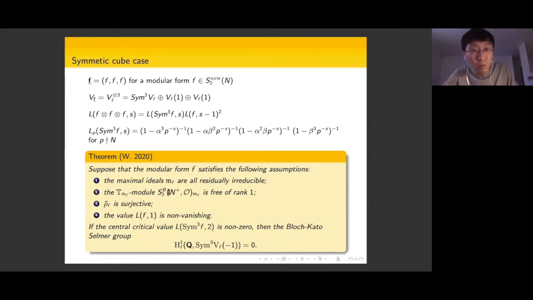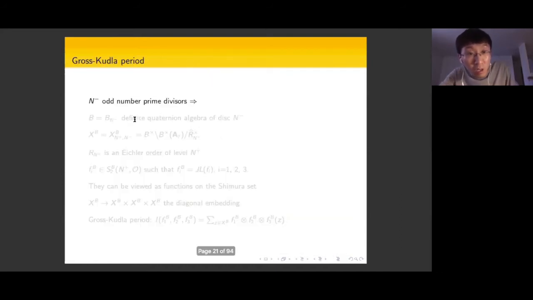First, I want to relate the L-function, which is defined anyway, to its algebraic part. By the general philosophy of Gan-Gross-Prasad, these are usually related to some period integral, which in this case is called the Gross-Kudla period.